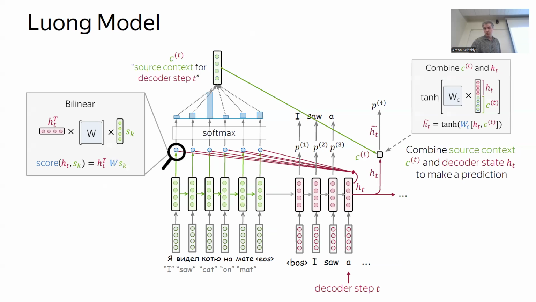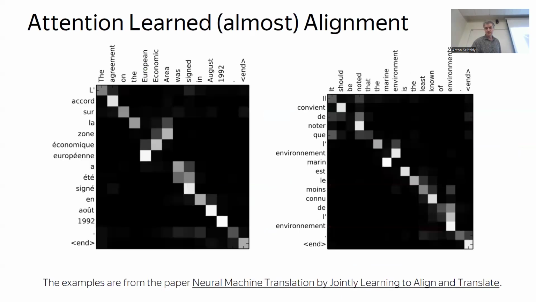Okay, so why, actually, how attention works? This is just an illustration that in, for example, French, economic European, I don't know if I pronounce it correctly, but in English it's European economic.